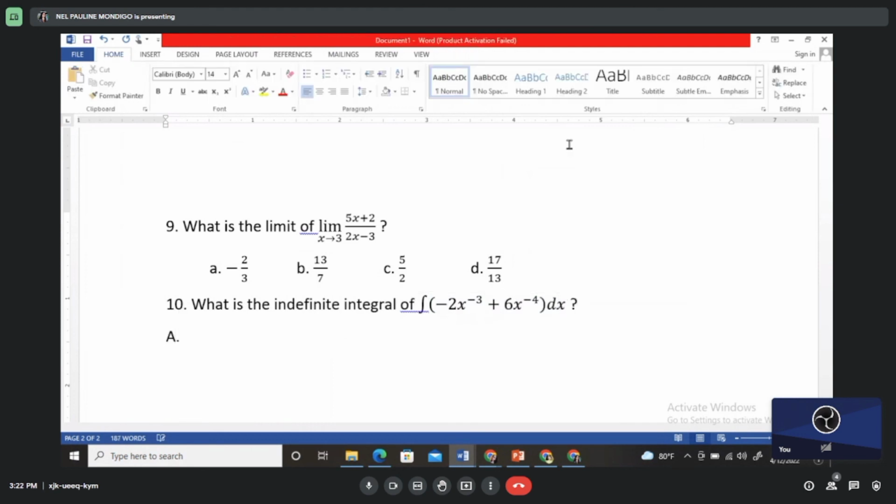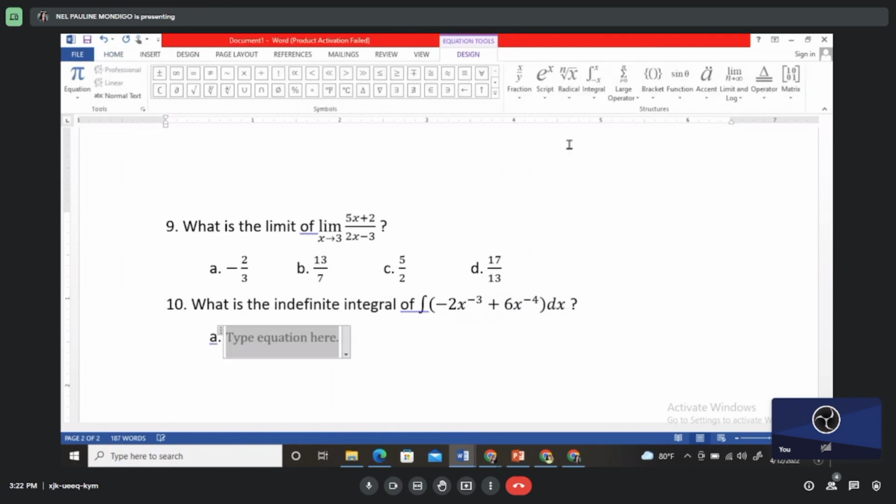For the first choice, A, Alt equation, 4x plus c.